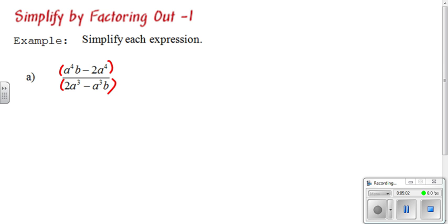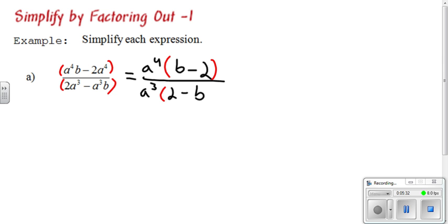So the first thing to do is factor out from each of these binomials. What we can factor out of the top one, our numerator, is this a to the fourth, which leaves us on the inside with b minus 2. So that's the factored form of our numerator. What can we factor out of the bottom binomial? We can factor out our a to the third power, which would leave 2 minus b. Okay, now things to cancel.